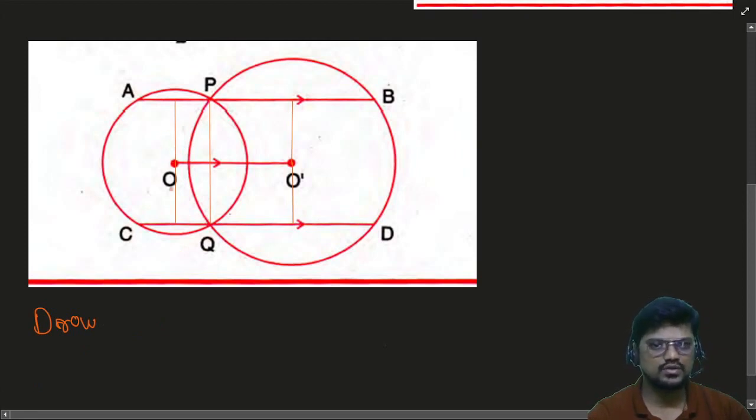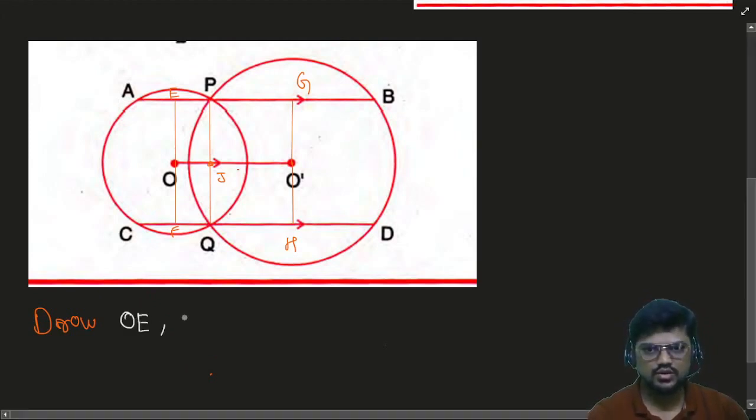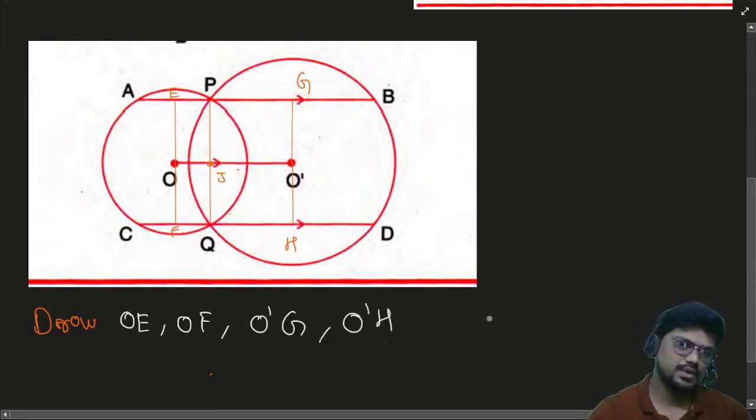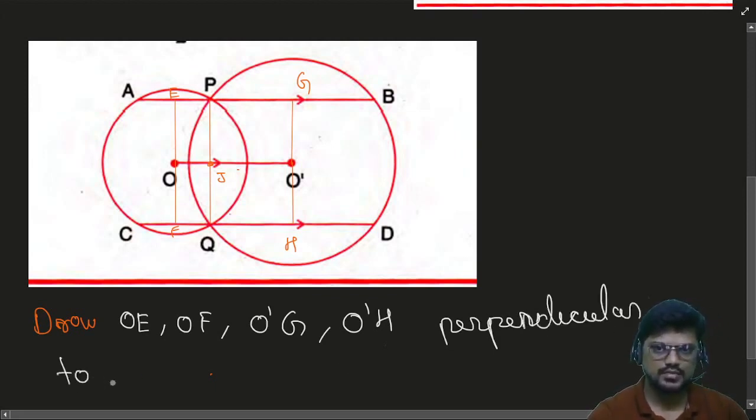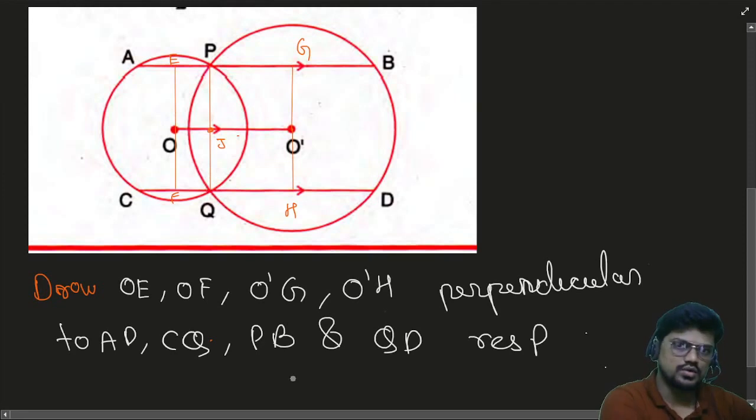Draw A, B, C, D, E, let's say OE, OF, G, H, and this is J. What you can write: draw OE, OF, O dash G and O dash H perpendicular to AP, CQ, PB and QD respectively. Fine, we can write this statement to draw this.